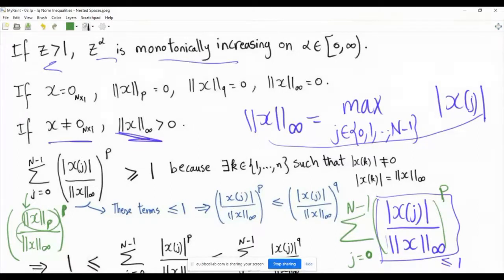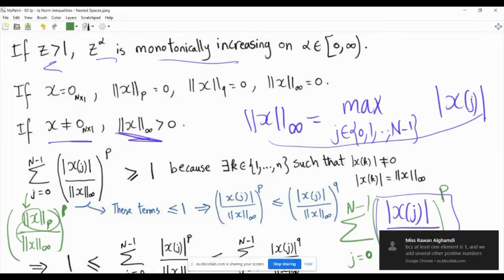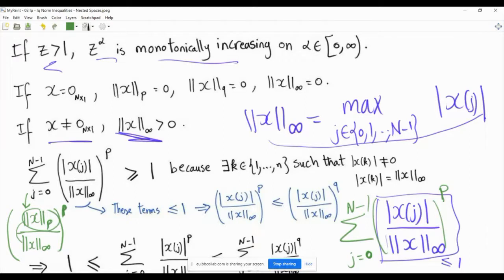Again, each component here, the magnitude of x of j divided by the L infinity norm, is less than or equal to 1. But one of those guys is exactly 1. That's exactly the reason why when you sum, you get something greater than or equal to 1. So these are the observations needed to proceed.